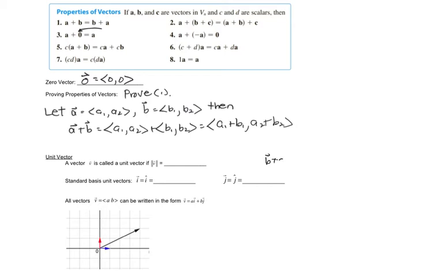B plus A would be B1, B2 plus A1, A2, which would be B1 plus A1, B2 plus A2. So we have to somehow get from here to here and come on back in. But really we're there because A1 plus B1 is the same as B1 plus A1.